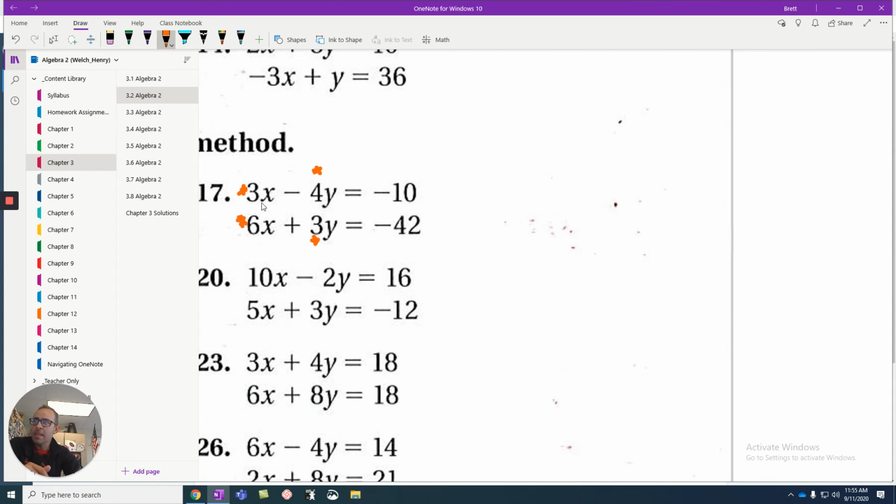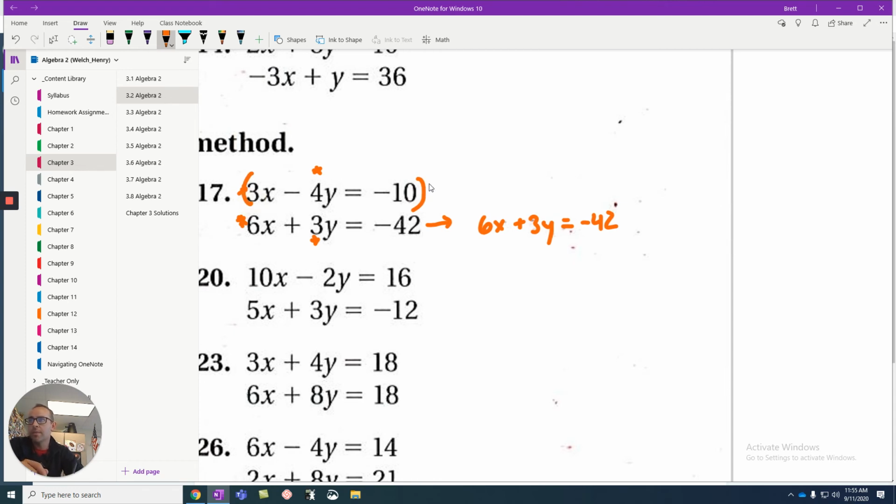I actually like picking the x term in this case because I could turn that 3 into a negative 6, and that negative 6 would cancel the x down here, meaning that I don't have to do anything to the bottom equation, 6x plus 3y equals negative 42. But up here, I am going to have to create that negative 6x.